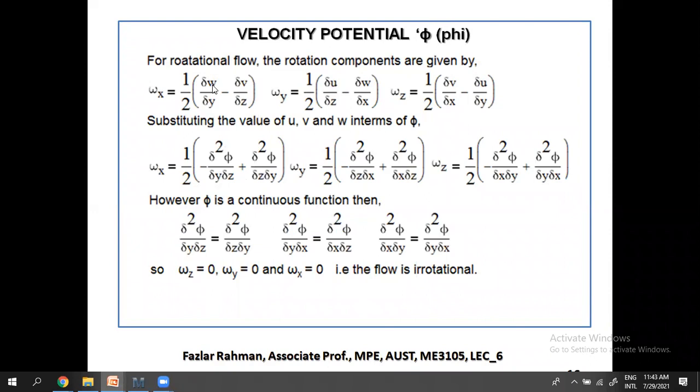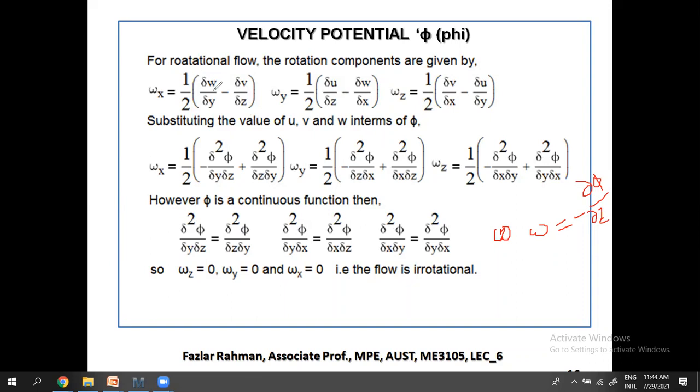We know that w equal to minus del phi divided by del z, right?